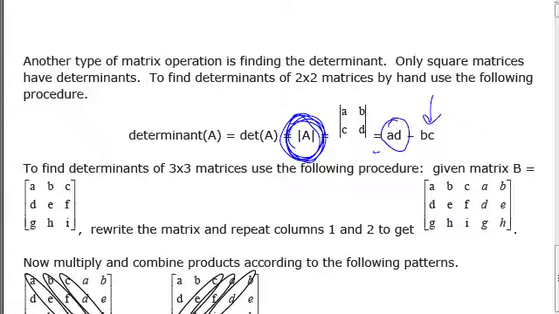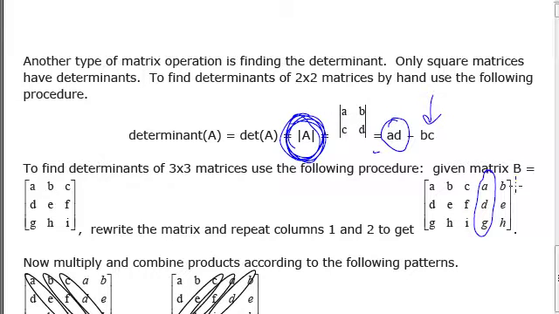Now, notice the first column for this 3 by 3 was A, D, and G. What you're going to do is place another column to your 3 by 3, so you change the 3 by 3 to a 3 by 4. But you don't only use that first column. Use the second one as well.